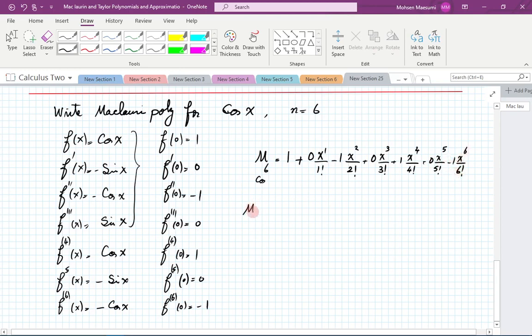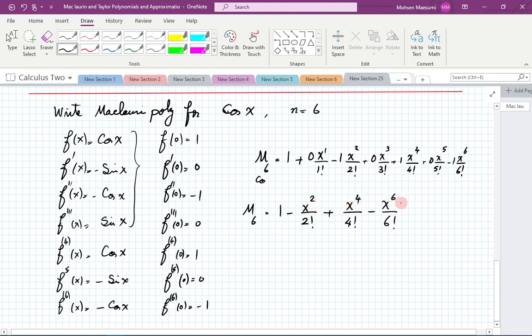We clean this up. M6 1 stays. The other one simplifies to x2 over 2 factorial, x4 over 4 factorial, x6 over 6 factorial, and if you wanted more terms, well, you keep writing. You see that there is a very nice pattern to this. First of all, the signs alternate, plus minus plus minus. For cosine we only have even exponents.